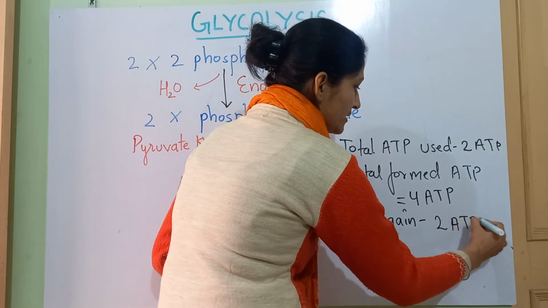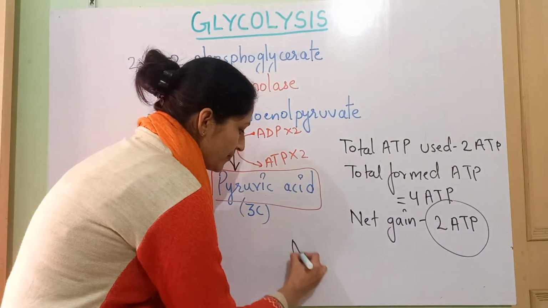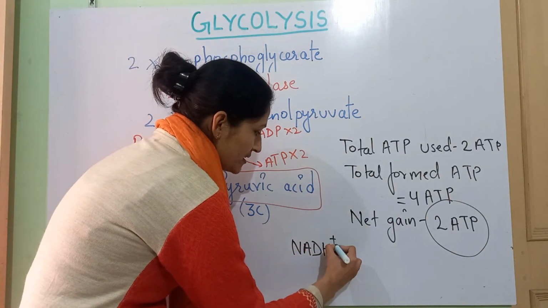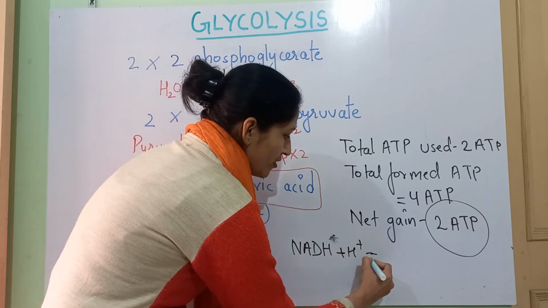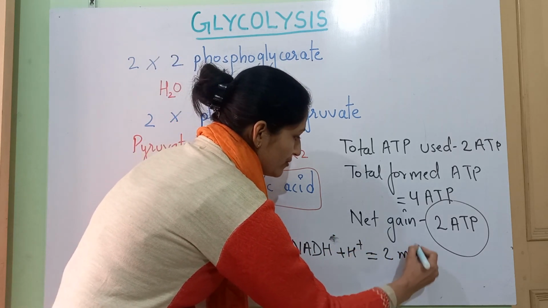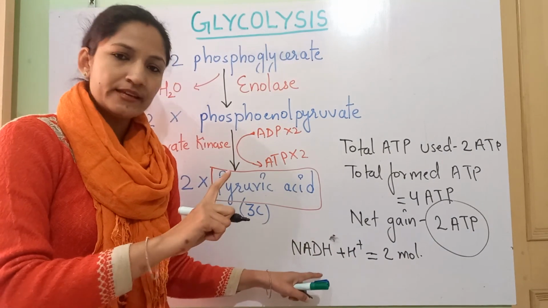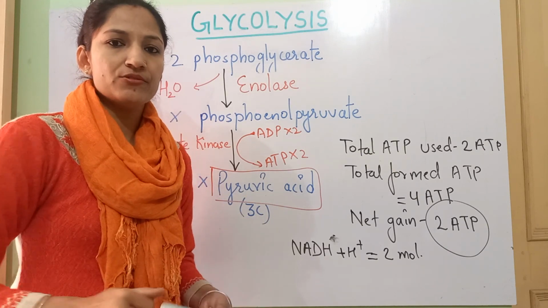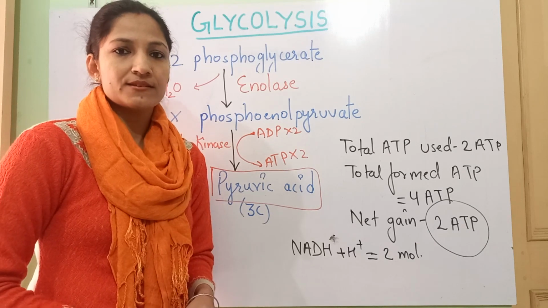It means during glycolysis 2 ATP molecules are formed, and NADH plus H positive are also formed. Two molecules of NADH are formed, and afterward this NADH is converted back to NAD plus to accept more hydrogen and electrons. So this is all about glycolysis. Thank you.